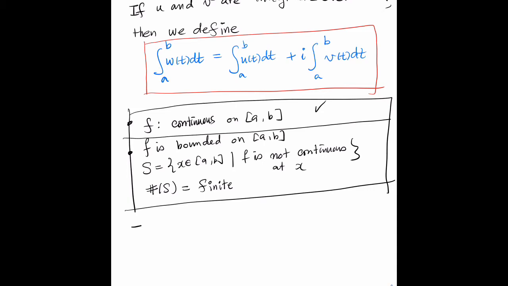So in case one and case two, these are integrable functions. So this f is integrable.